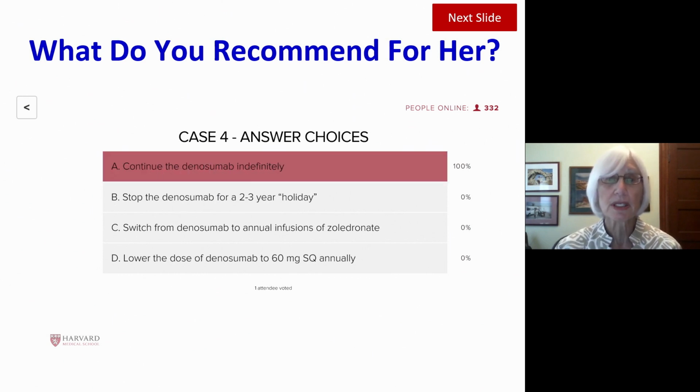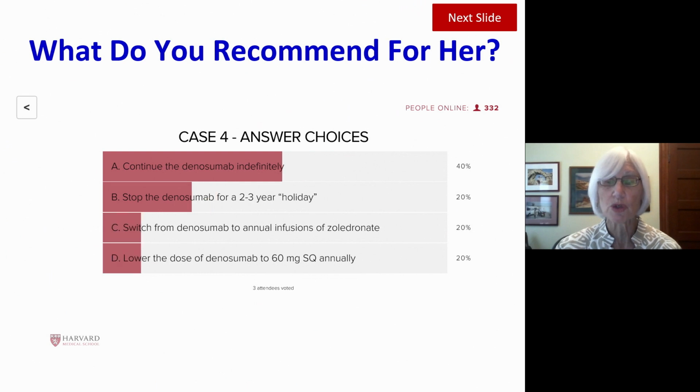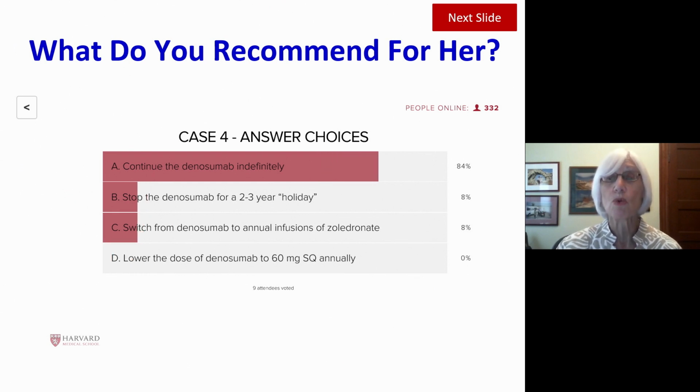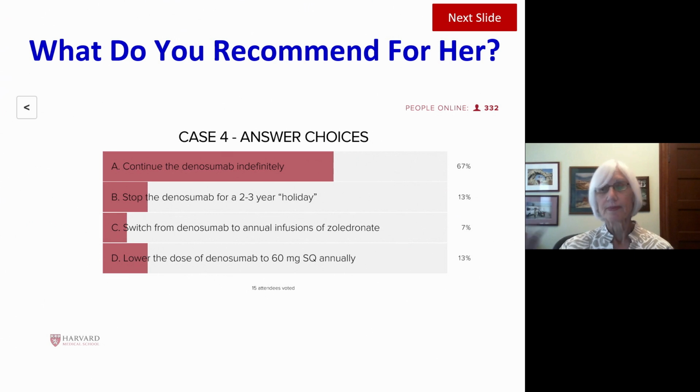B, stop the denosumab for a 2 to 3 year holiday. C, switch from denosumab to annual infusions of zoledronic acid or zoledronate. Or D, lower the dose of denosumab to 60 milligrams sub-Q once a year. See if I can stump you.